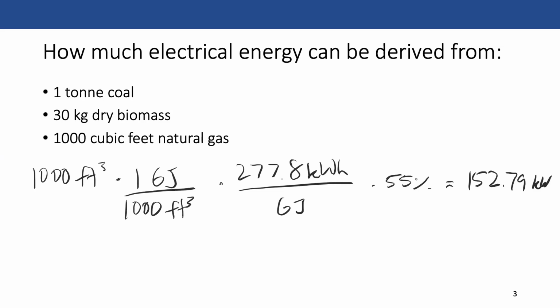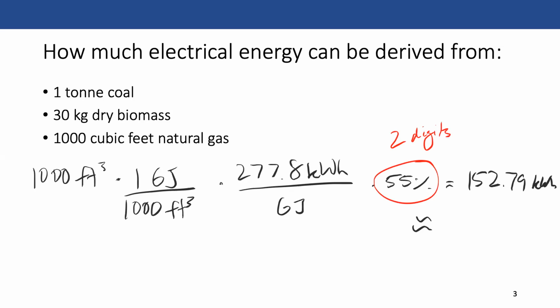152.79 kilowatt hours, which if we use our significant digits, in this case, our limiting factor is the efficiency here. So that's 2 digits.